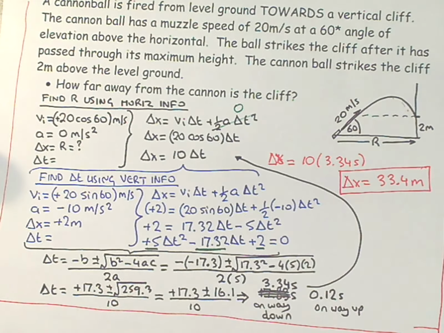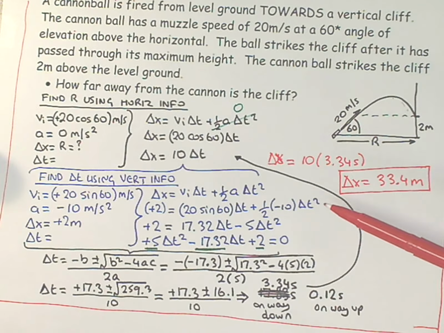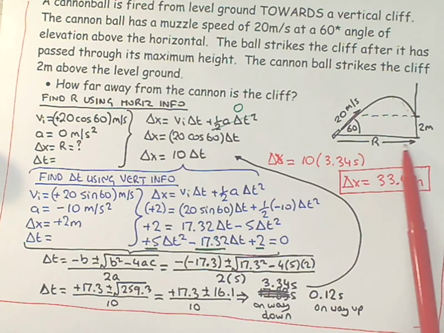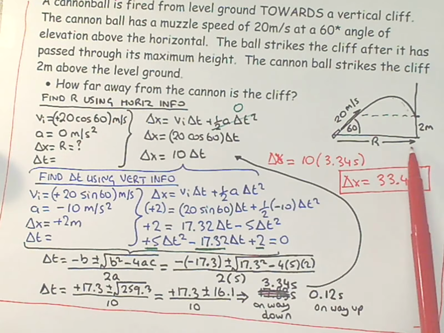So it's a classic multi-step problem. It's a lot of work, but it comes in little stages. We started off by drawing a diagram, and then we decided to try and solve it in one step, so we used the X information.